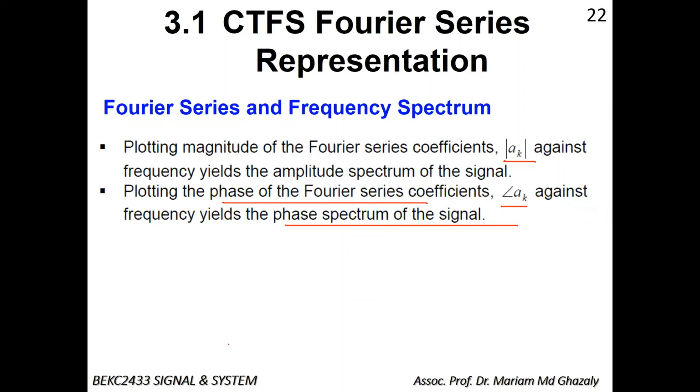Just imagine, when you have a question on Fourier series, normally they will ask you to find the Fourier series coefficient, for example a_k up until k equal to 10. So find the values a1, a2 until a10, or if you have negative values, a plus or minus 1, a plus or minus 2, and so on.